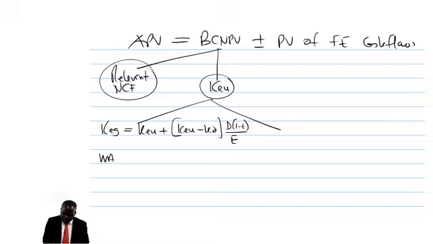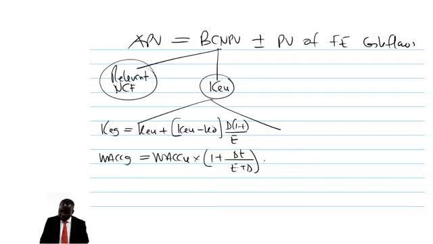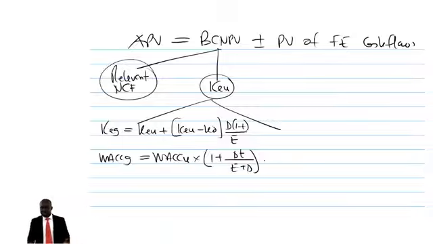Or you can use WACC geared equals the WACC ungeared multiplied by 1 plus DT divided by E plus D. We've seen all these formulas some years back, so by now you should be familiar with them.